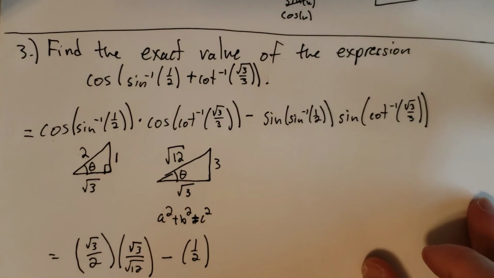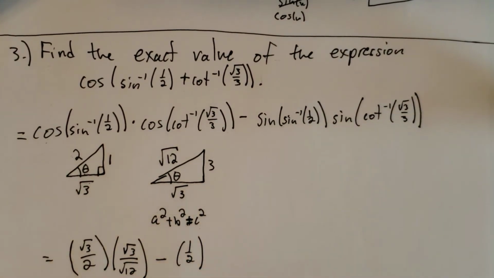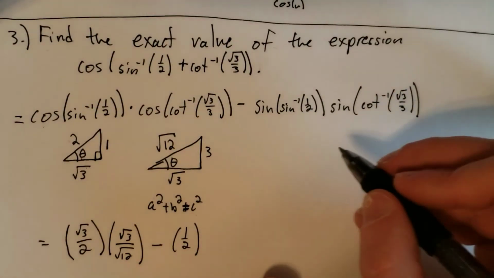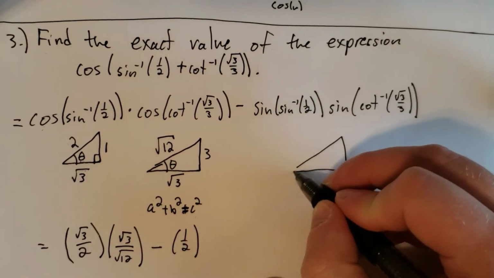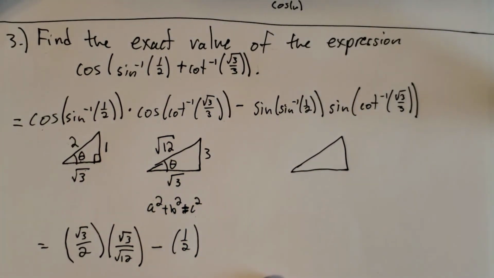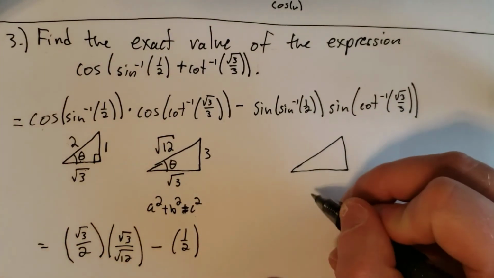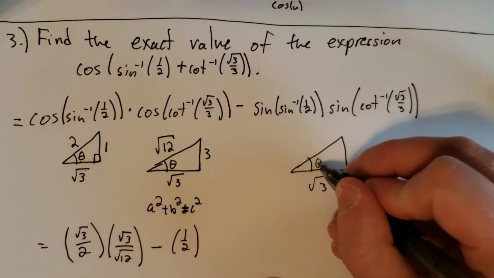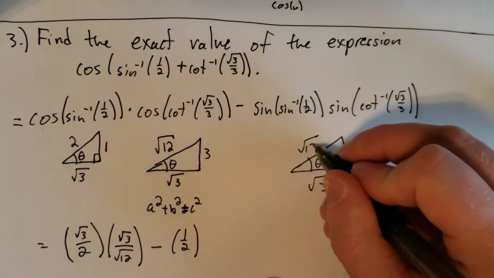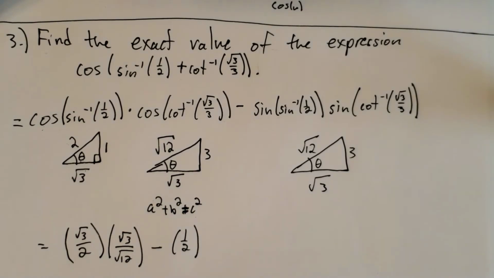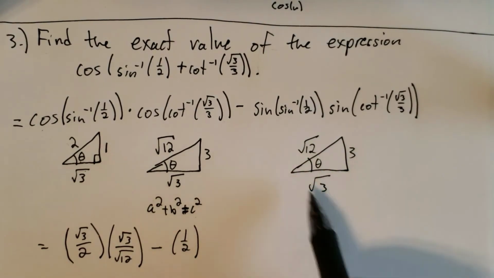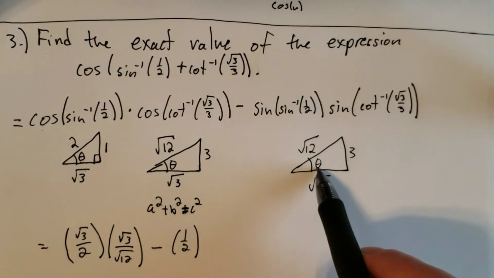To figure out sine of cotangent inverse of square root of 3 over 3, well, we had already filled out the triangle for cotangent inverse of root 3 over 3. That was here. So I'll rewrite that. And now we want to do sine on that triangle, sine of this angle theta here.